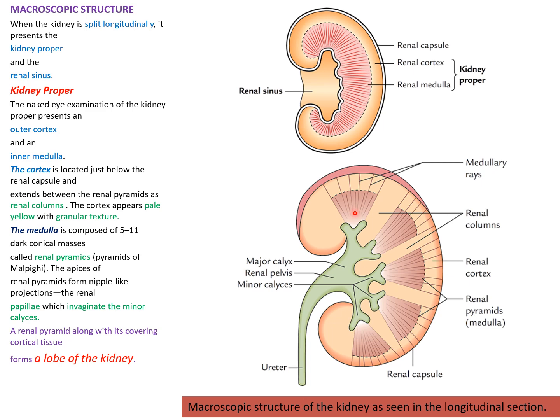These renal papillae project into the minor calyx. This renal pyramid plus the overlying cortex form the part of the kidney called lobe of the kidney. So this is one lobe of the kidney, this is another lobe of the kidney, and another lobe of the kidney.